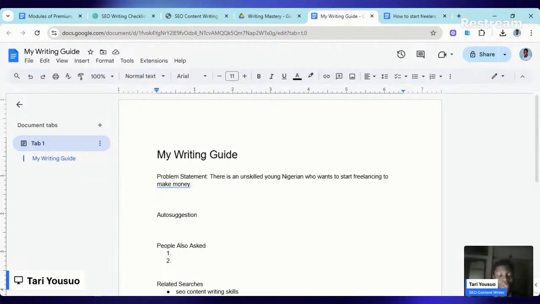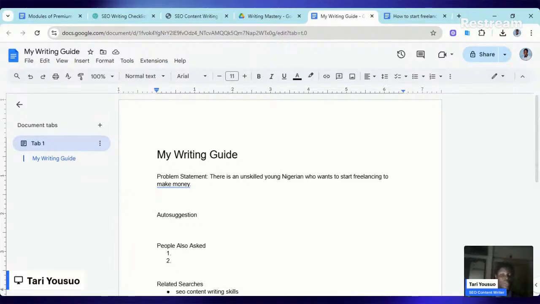There's an unskilled young Nigerian who wants to start freelancing to make money. Now, I can narrow this further to say there's an unskilled young Indian in his mid-20s. So this is also another way I could narrow it down.